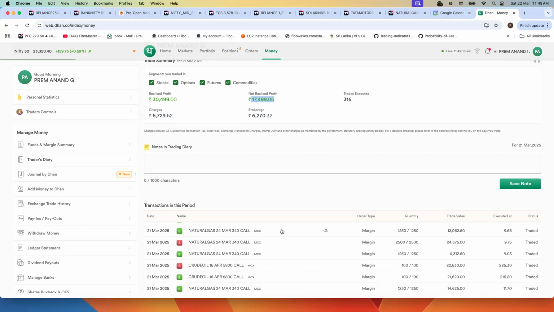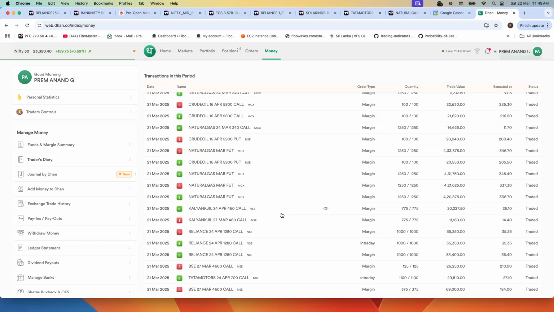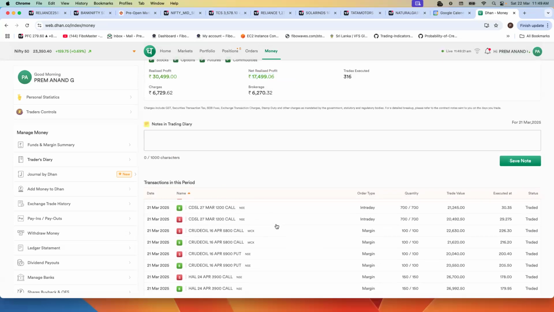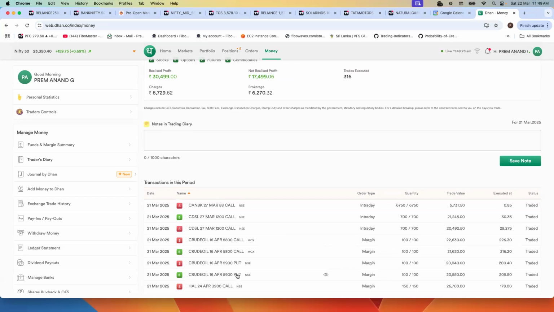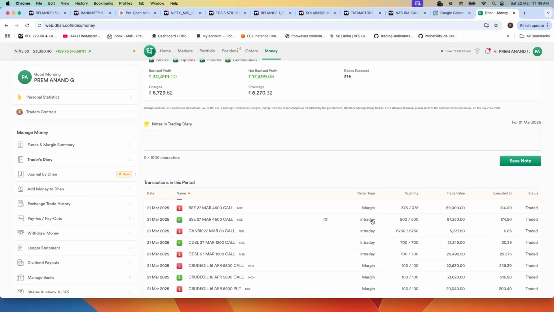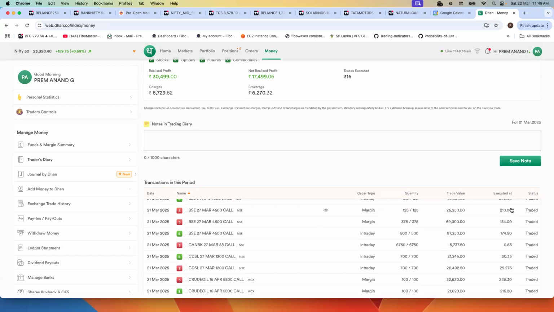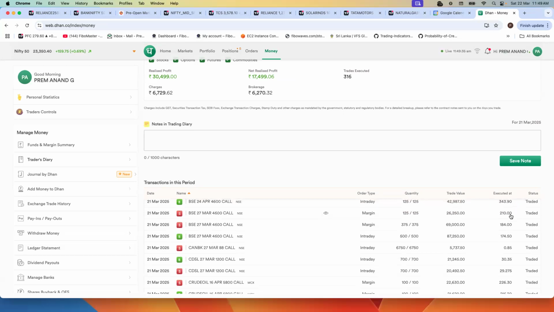Okay. So I show you everything every day. BSE gave me a good return. I'll show you. BSE. You see BSE here? I bought it at 174 and exited at 184 and then 210. Okay. I bought it at 343.